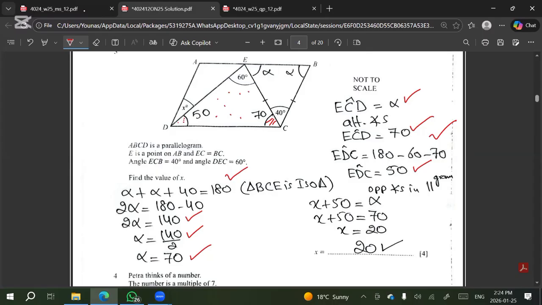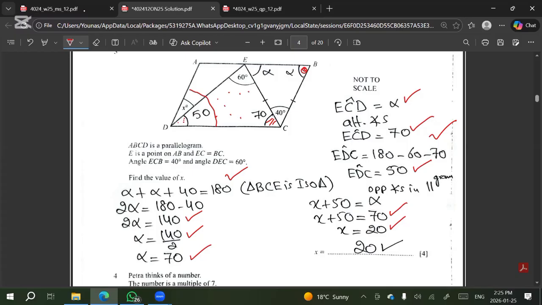So the angle x plus 50 will be equal to this whole angle. This whole angle will be equal to this angle. Okay. So x plus 50 is equal to alpha, which is 70. So x will be equal to 70 minus 50. So you will get 20. So 20 is the answer, sir.